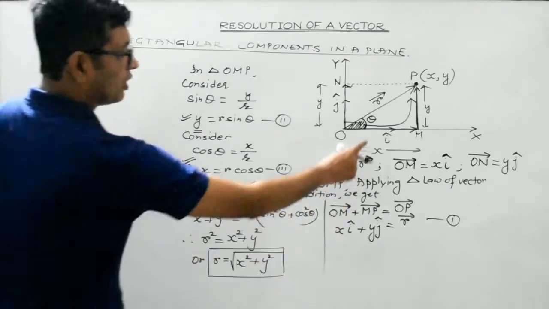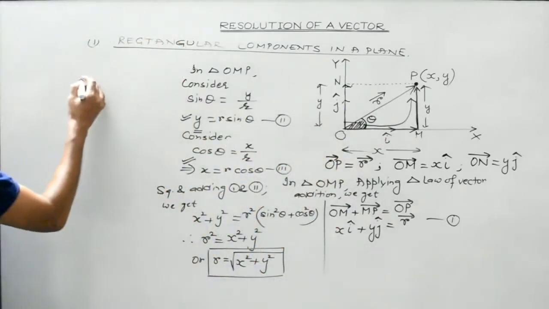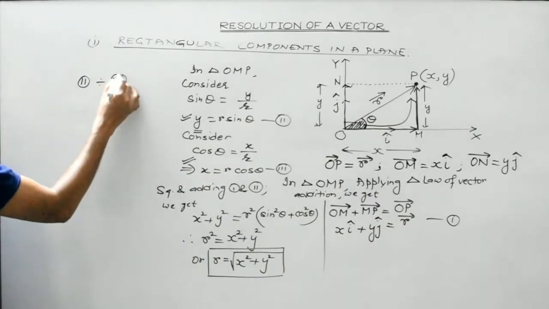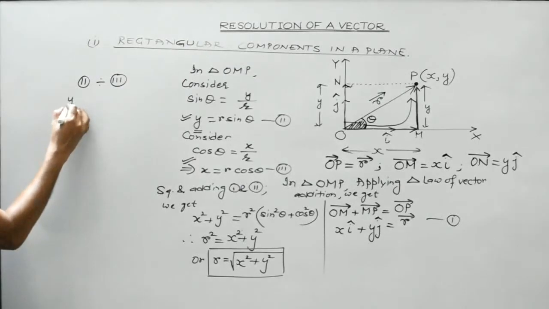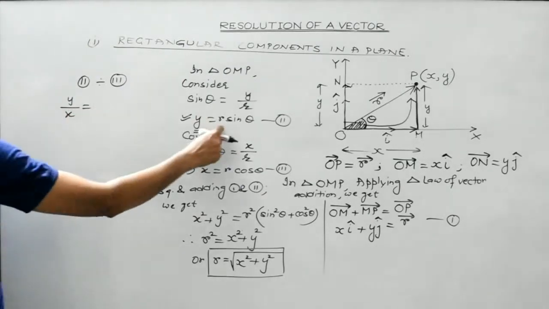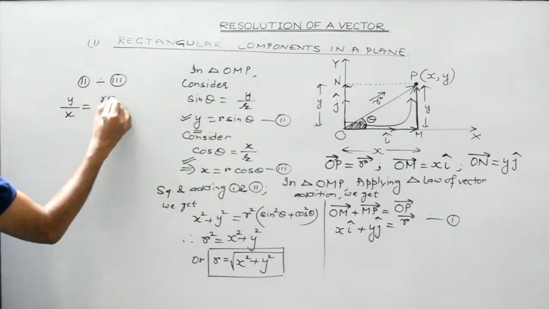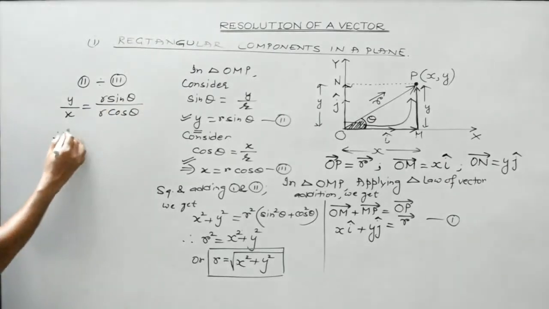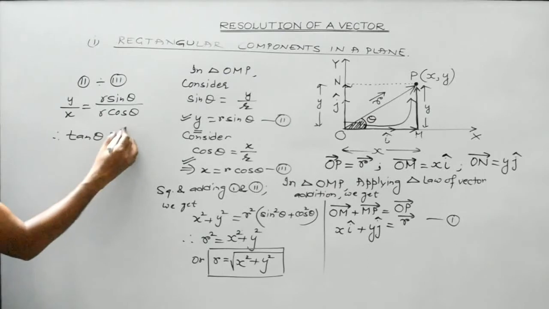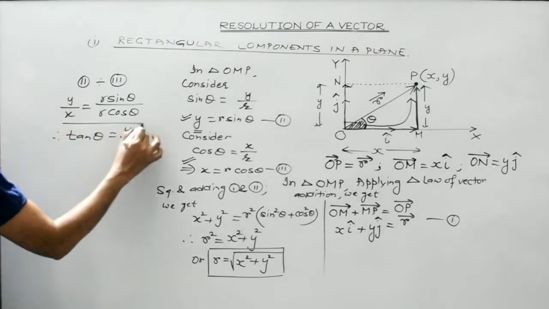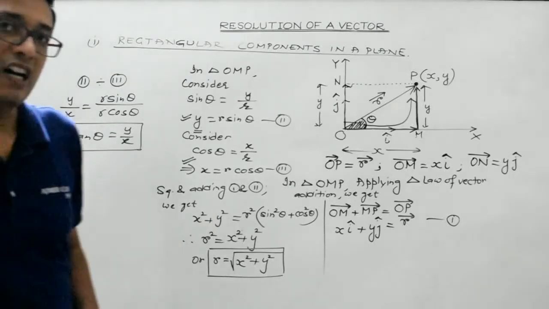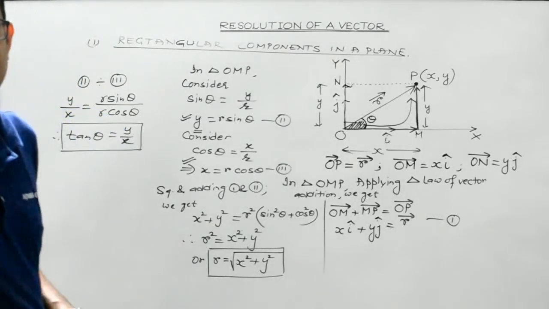And also, you can find out the value of theta. Dividing third from second, what you get is y by x is equal to r sin theta divided by r cos theta, which will give us tan theta is equal to y by x. So this will give us the angle which r vector makes with x axis.